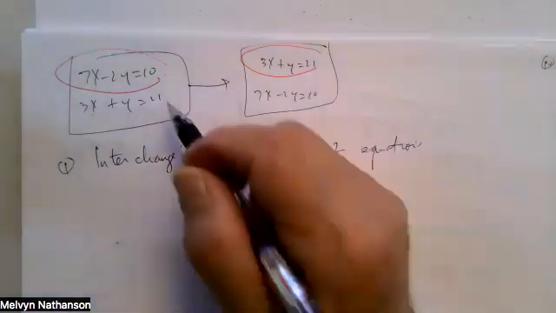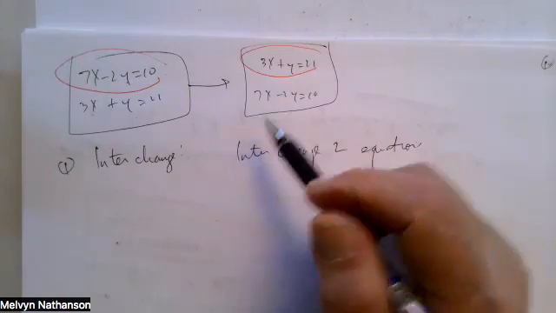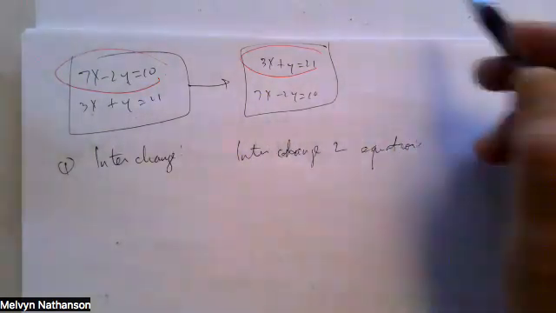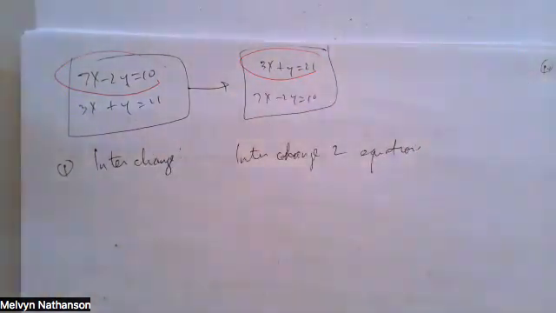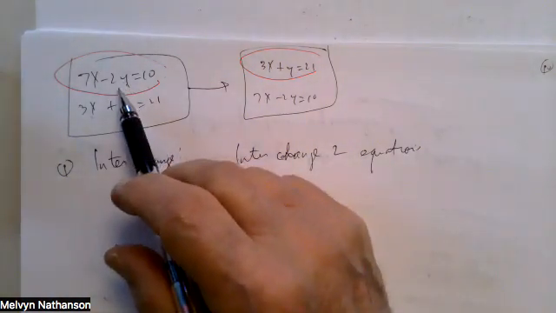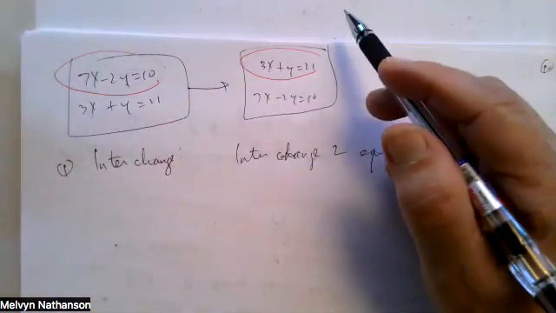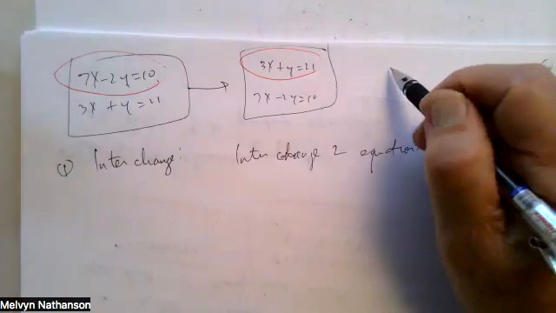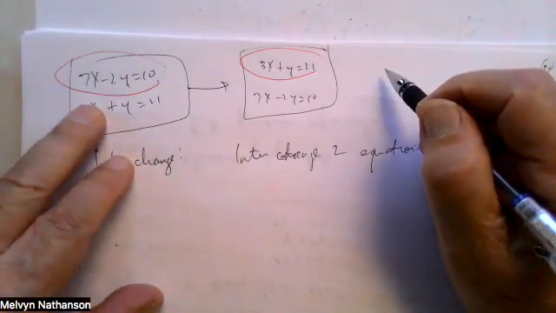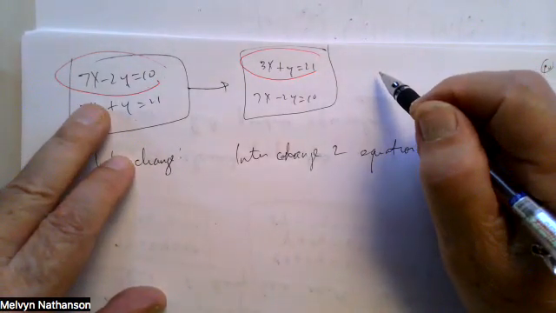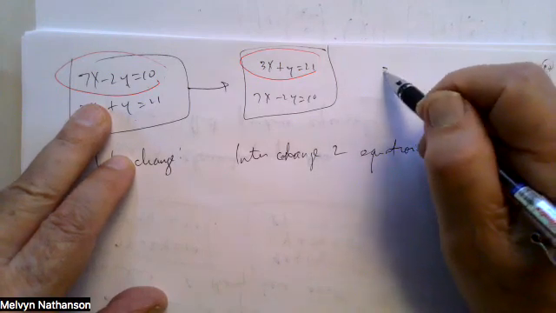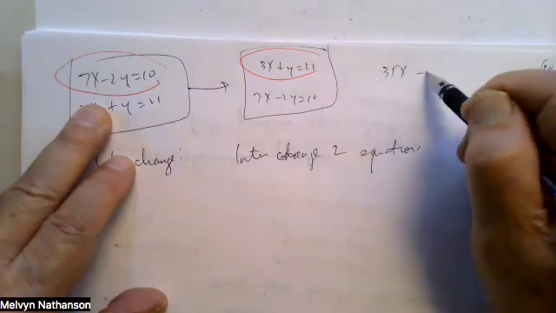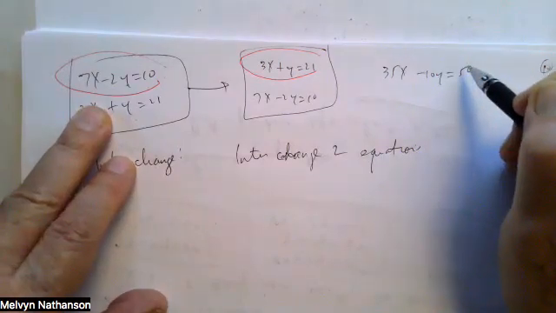What else can we do? Well, from this system of equations, I could get another equivalent system, for example, by doing the following. Suppose I multiply the first equation by some number, like, I don't know, 5. So then I would have, instead of 7x minus 2y equals 10, if I multiplied the equation by 5, I get 35x minus 10y equals 50.